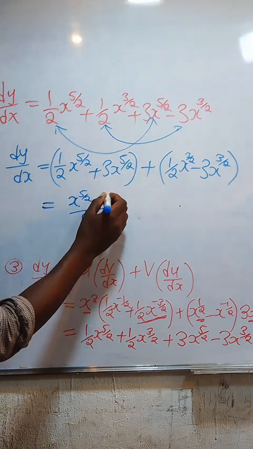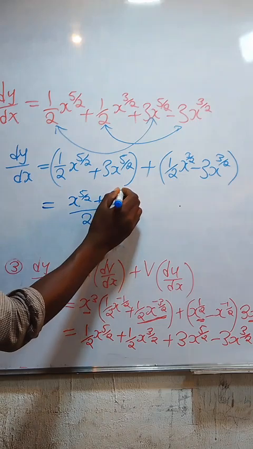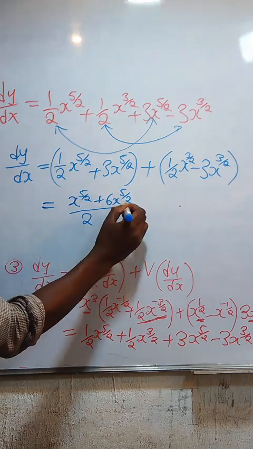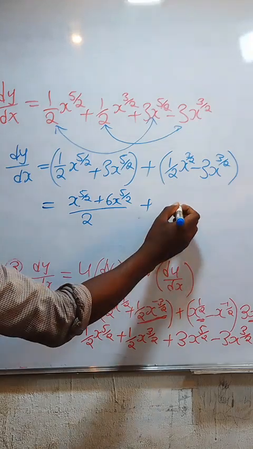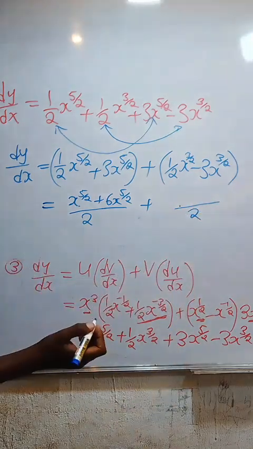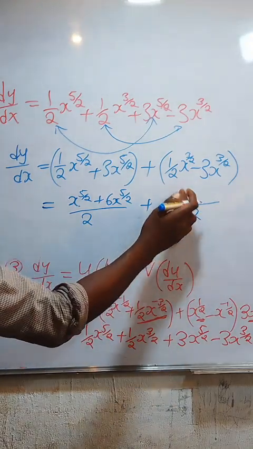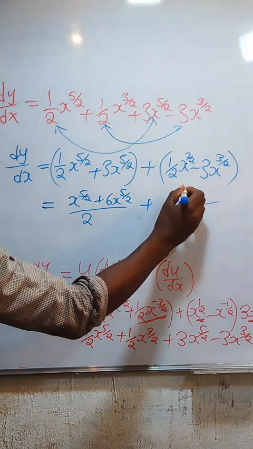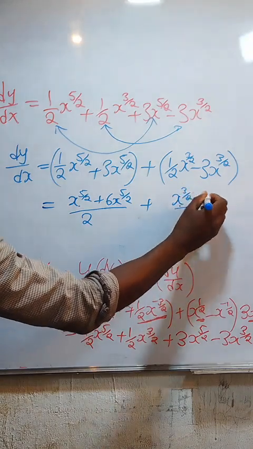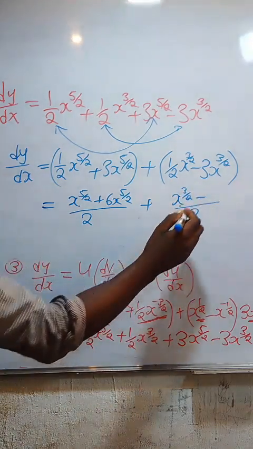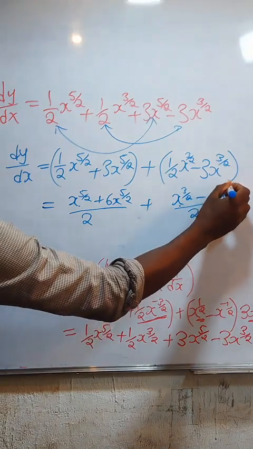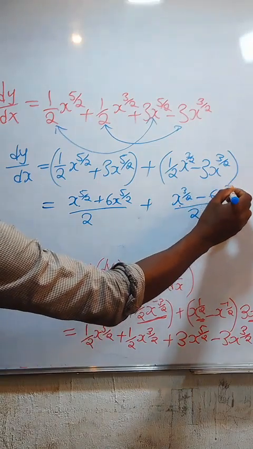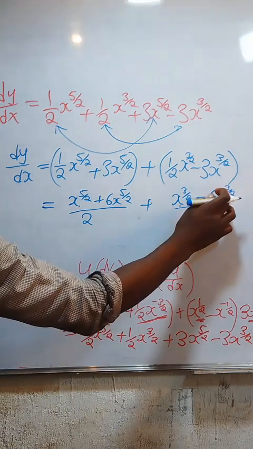It is going to be 6x to the power 5 over 2. You also do the same here. This is also going to be 2, and this is x to the power 3 over 2, minus 6x to the power 3 over 2.